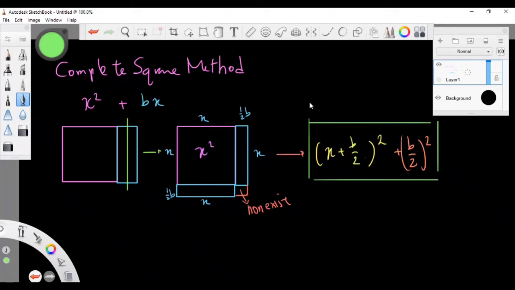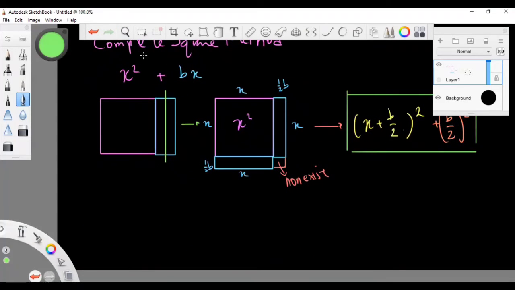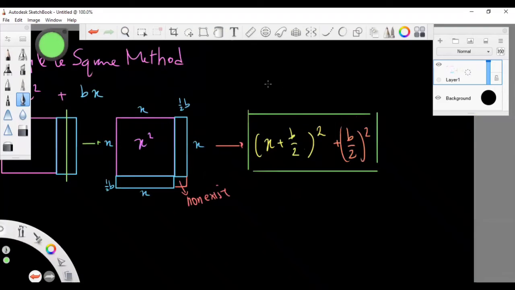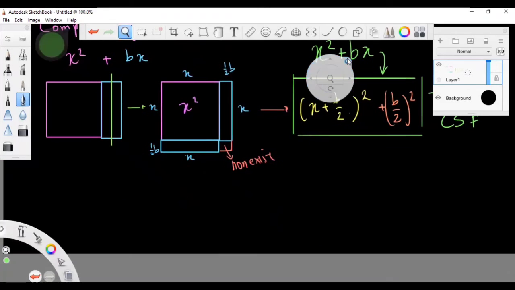The next question is, how about if it is minus? If it is x squared minus bx, how do you do that? It's the same, right? So when I can change x squared plus bx into a perfect square form or complete square form, the negative will also follow, right?